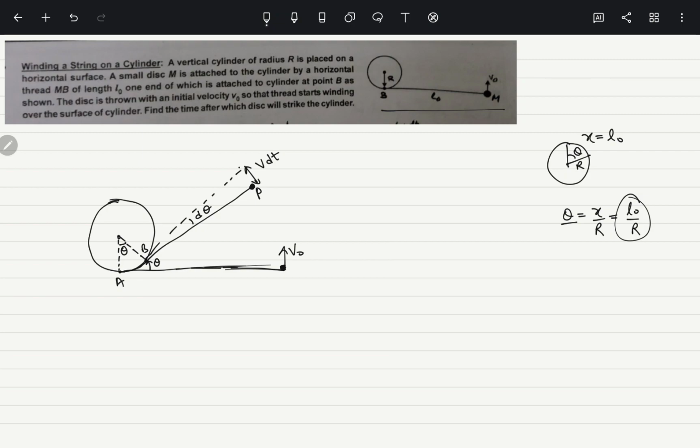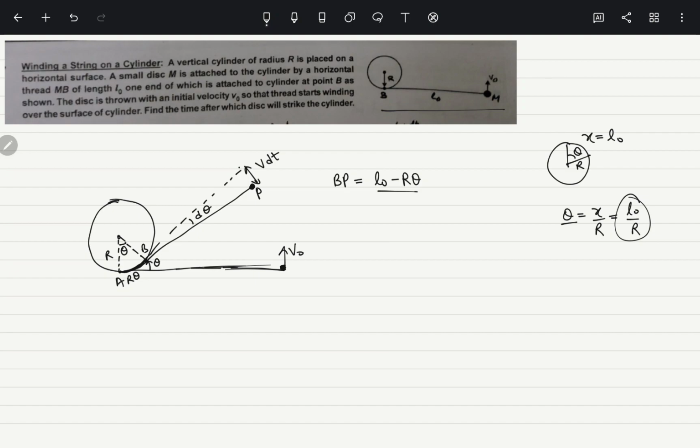So how can we find it? For that we need this length, which is r theta, and this complete length is L naught. So basically the length bp is equal to L naught minus r theta. This is the length which is covering d theta angle in dt time.